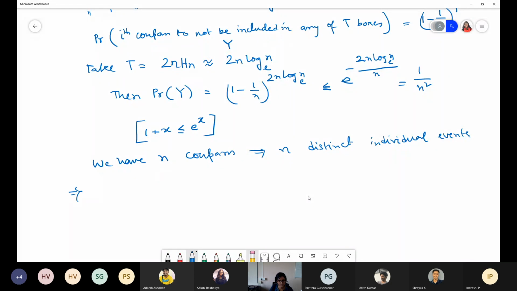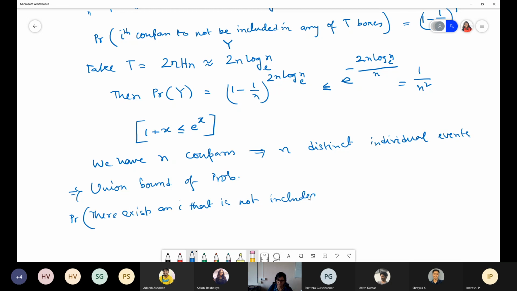So you take the union bound of probability. That means what? The probability that there exists an i that is not included in any of the t boxes.